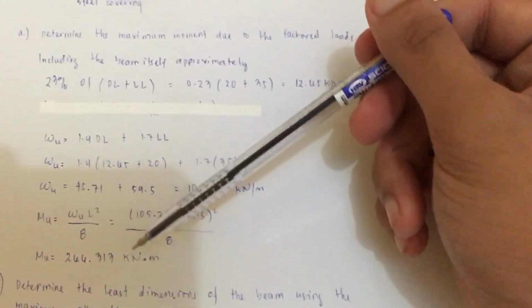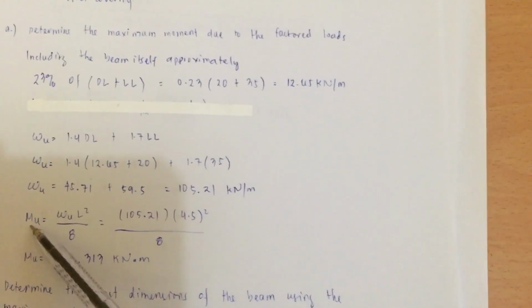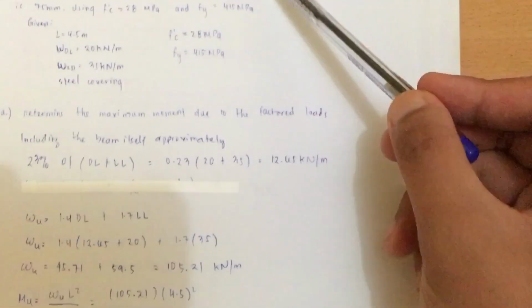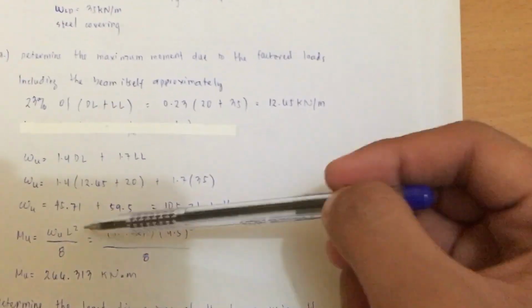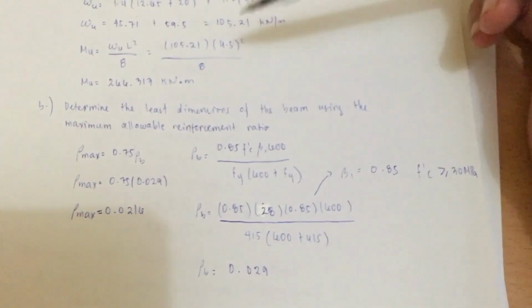Now, in order for you to find the factored moment, we'll use this formula. Mu, the factored moment, is equal to omega u times L squared, L being the span of our concrete beam, over 8. By substituting, we'll get 266.313 kilonewton meter.